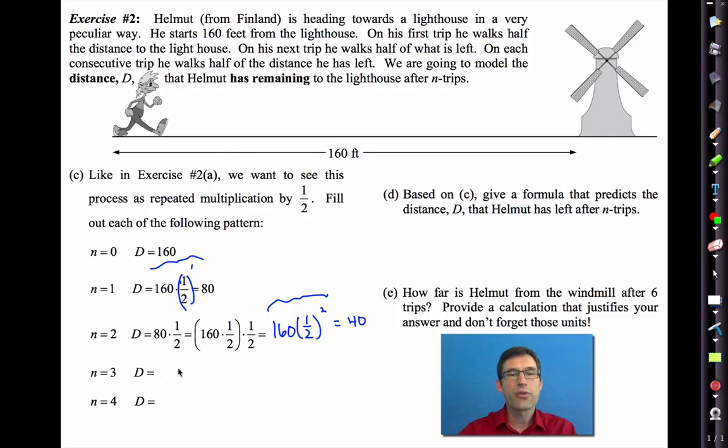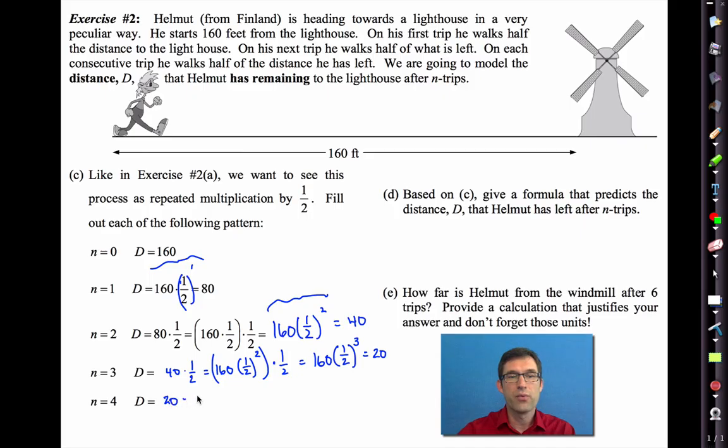Right? After 3 trips, we took that 40 and we multiplied by 1/2 again, but that 40 came from doing 160 times 1/2 twice, and then we multiplied by 1/2 again. So the third trip's distance left can be calculated by 160 times 1/2 to the third. I think you probably have the idea, but that's going to be 20.